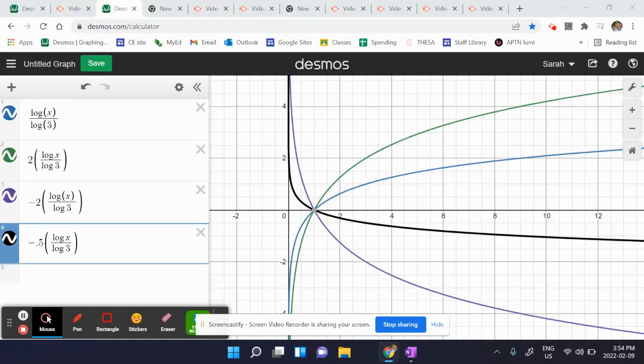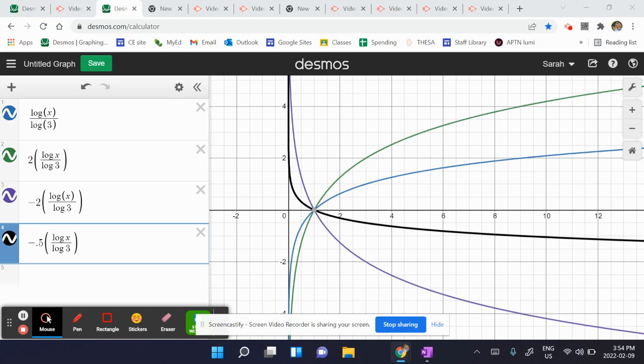At this point you should have these in your calculator, and I want you to look at all of these graphs. Does changing the value of a in the graph of y equals a times log base b of x alter the domain? If I look at this, x can be everything greater than 0.